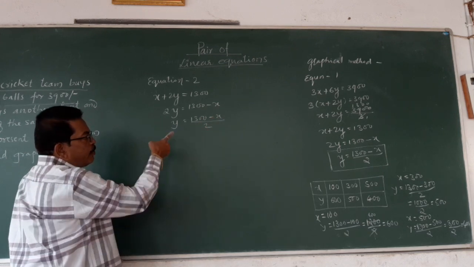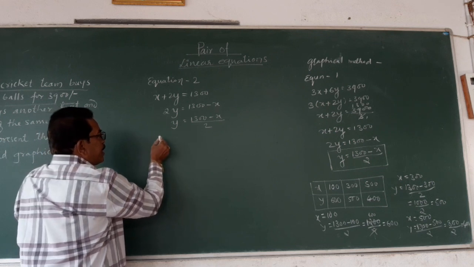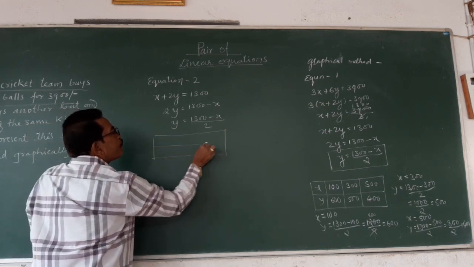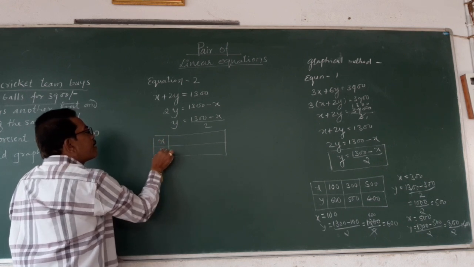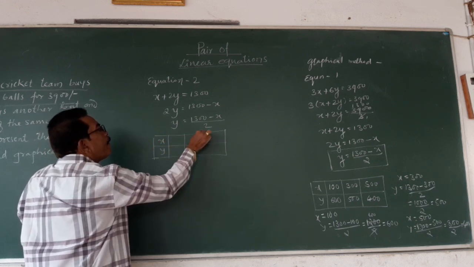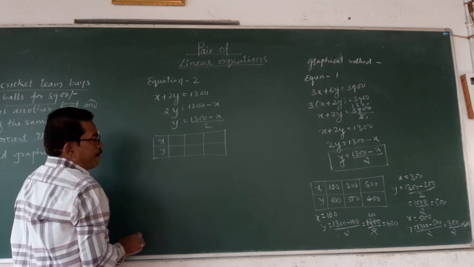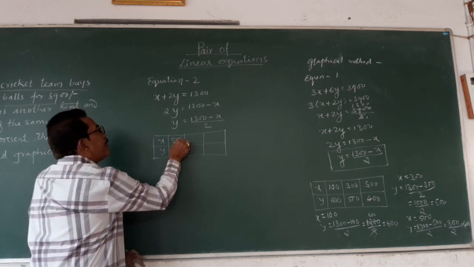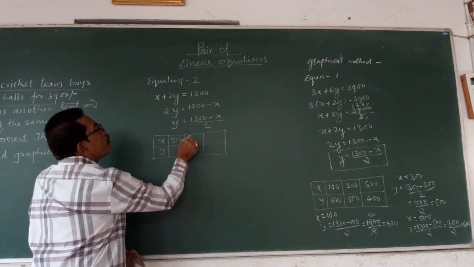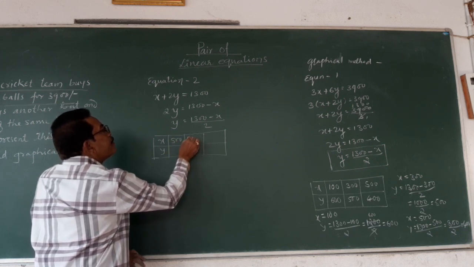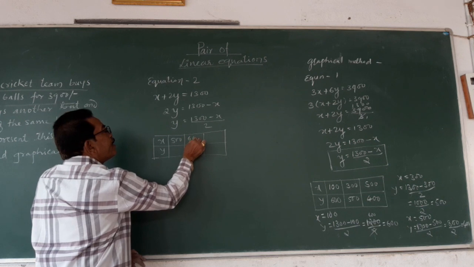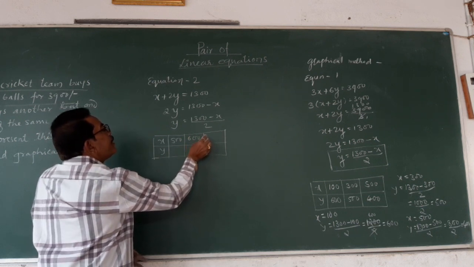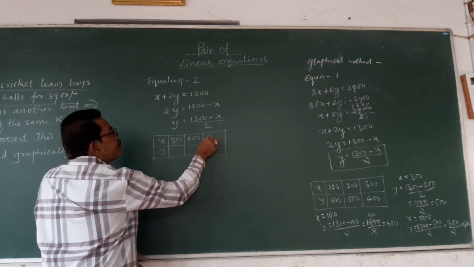The same result we got. Okay, let us take different values here: x equals 500, 600, and 400.